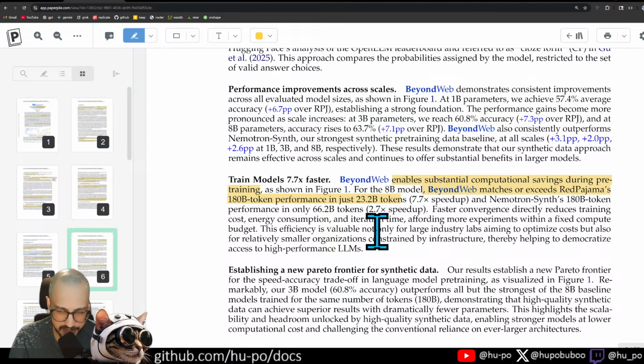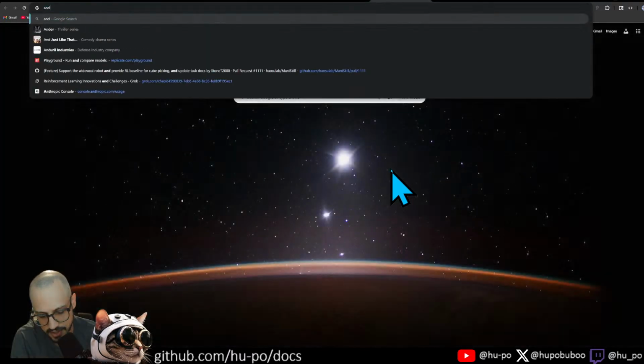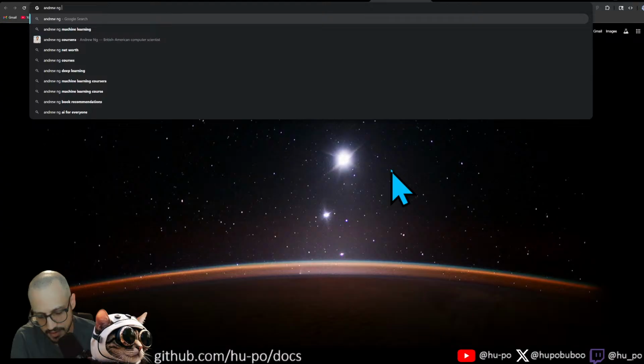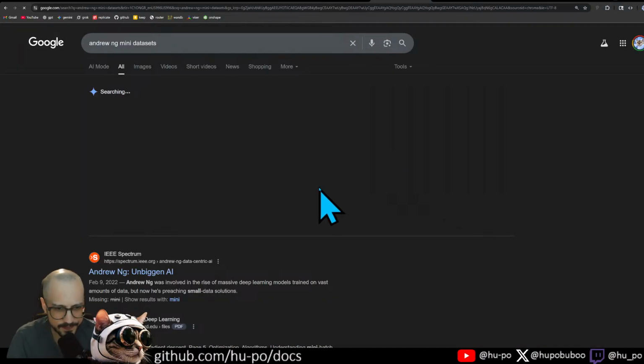So what that means is that not all data is the same, and there's some data that's significantly more information dense, or information dense is maybe not the right word, but significantly better at getting the model to learn something, right? And this isn't even necessarily new, there's a very old paper by, let me see, Andrew Ng, mini data sets or something like that.